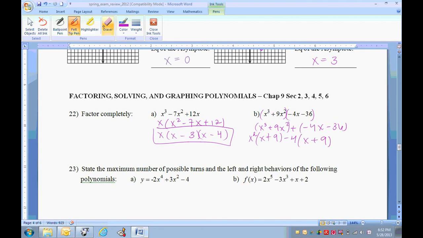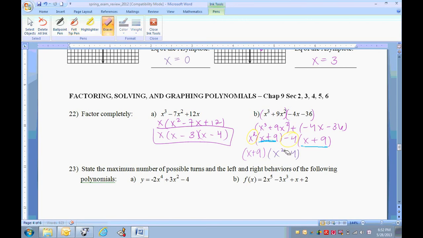Well, now if you notice, this term has an x plus 9, and this has an x plus 9. So I can go ahead and pull that out. So I pull out an x plus 9 out front, and what's left on the inside is x squared and -4. So I can go ahead and multiply the x plus 9 that I pulled out by x squared plus 4.